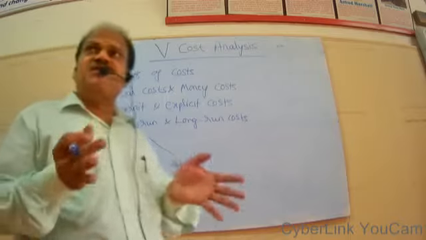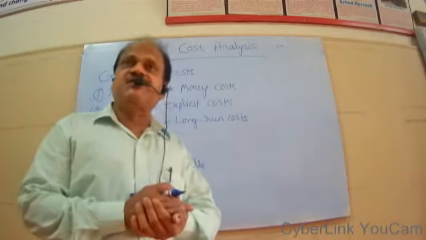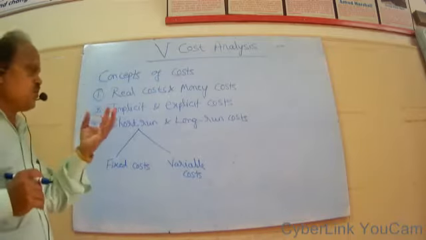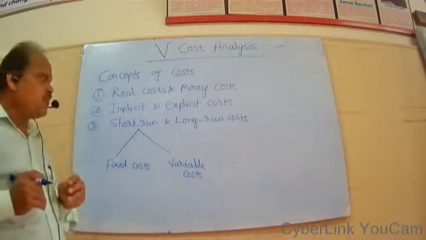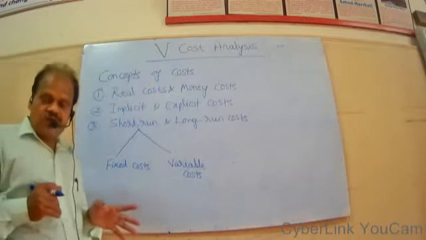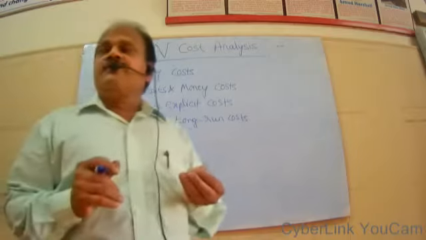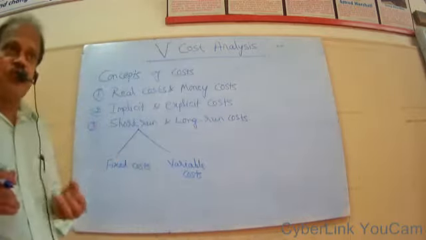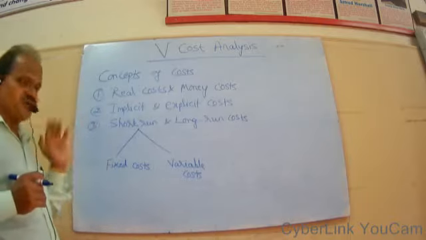Why is this concept important as far as a producer is concerned? Every producer should possess an in-depth knowledge of various concepts of costs because cost of production can determine the size of production and supply of a commodity.